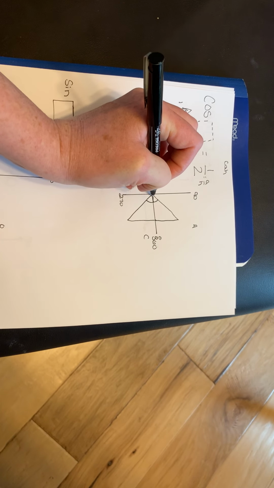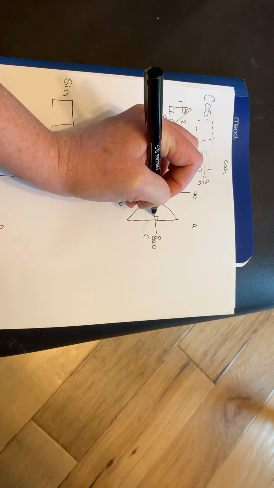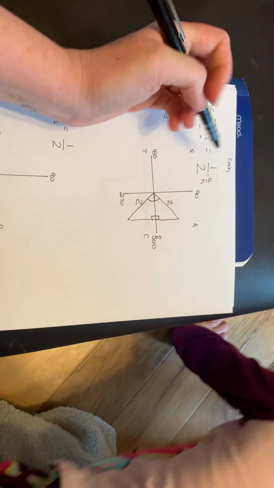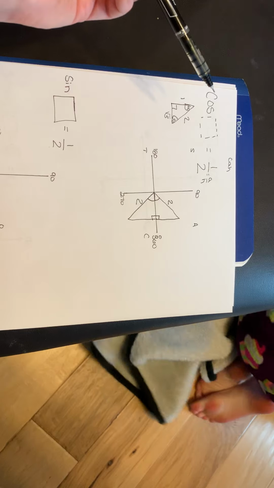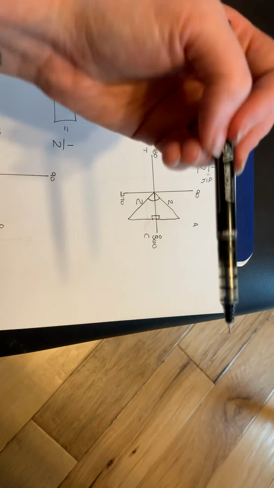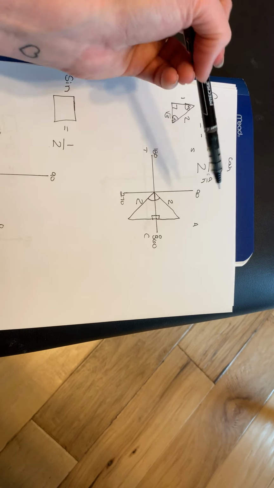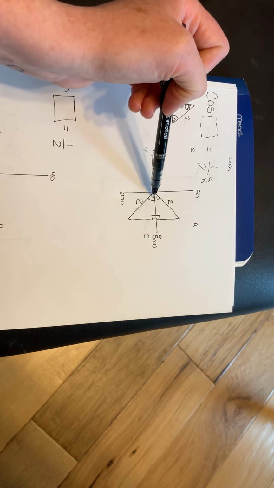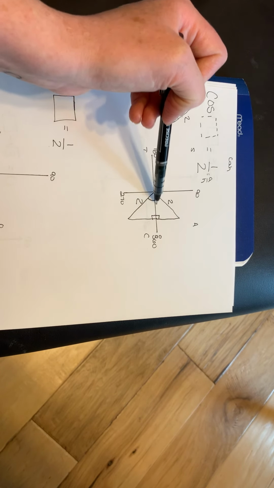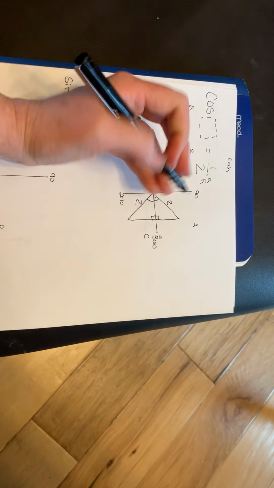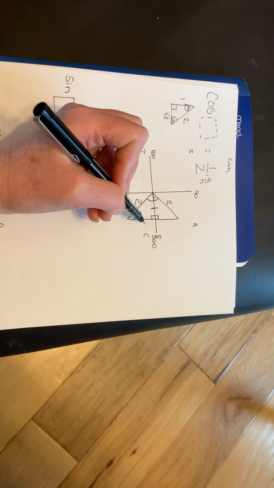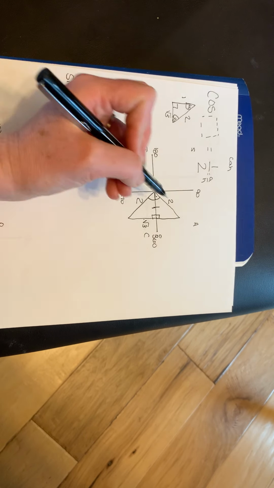Draw your reference angles. Okay, 90, 90. Hypotenuse is always 2. Okay, cosine is the adjacent over your hypotenuse. So my adjacent to my reference angle is going to be this side, and that is a measurement of 1. Okay, that leaves over here square root of 3.